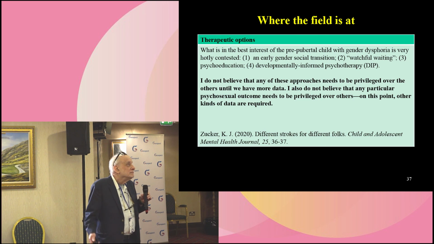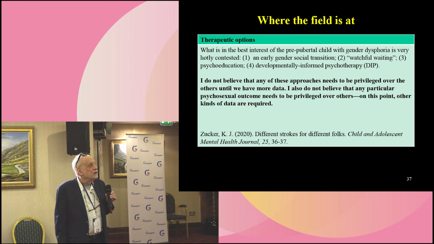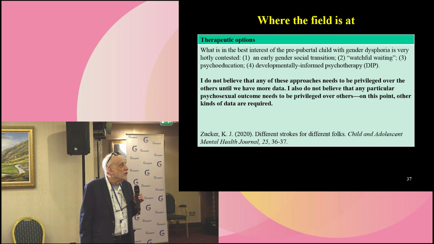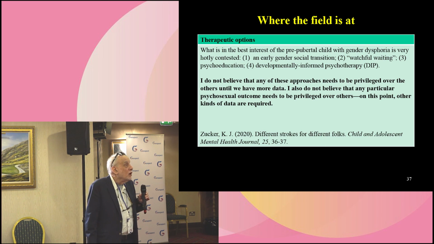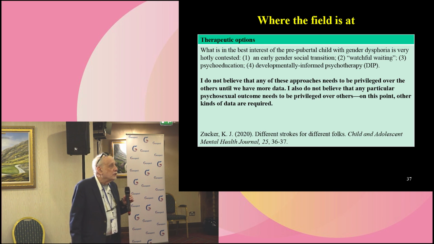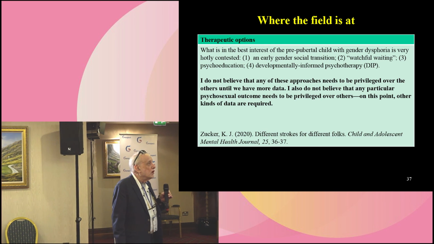And I guess I would say that I don't think any of these approaches needs to be privileged over the others until we have more data. And I also don't believe that any particular psychosexual outcome needs to be privileged over others.